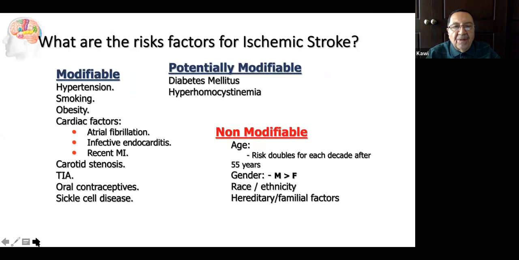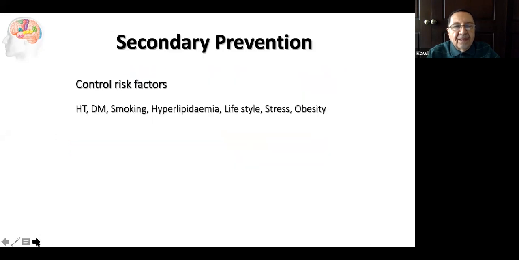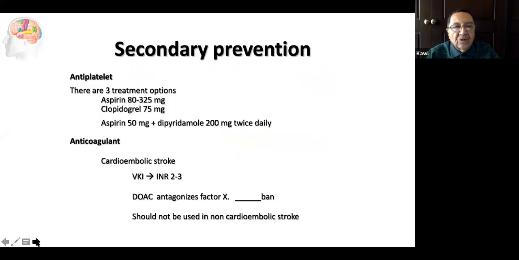So we talked about the risk factors. We should treat the risk factors, the modifiable ones, and we should also give something that prevents occlusion of the blood vessels, such as antiplatelets or anticoagulants. There are 3 antiplatelets that are available: aspirin, clopidogrel, which is called Plavix, and aspirin plus dipyridamole, which is rarely used.